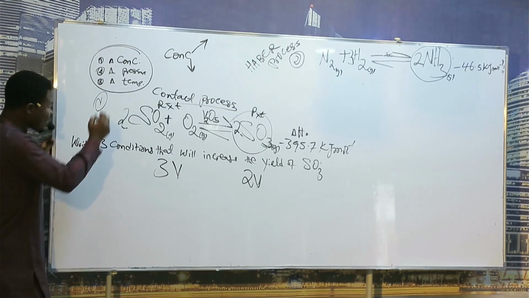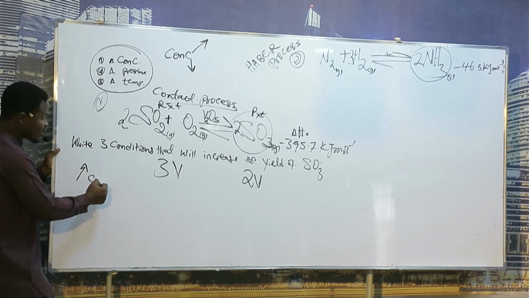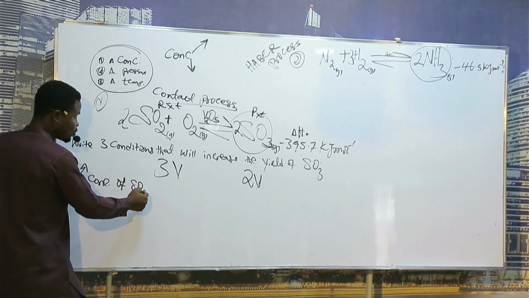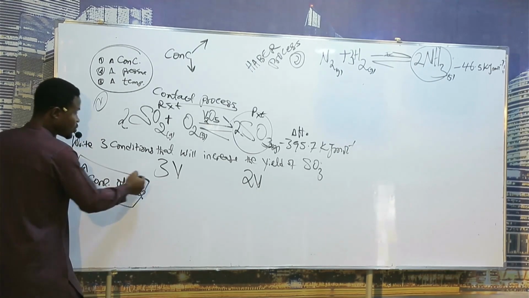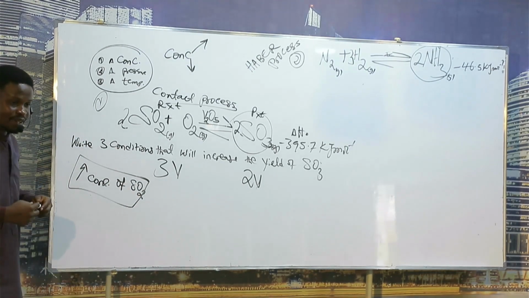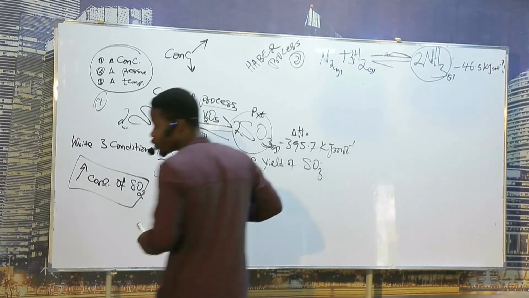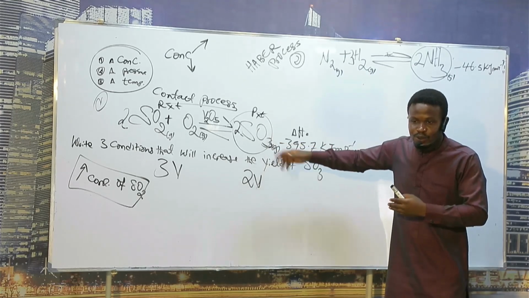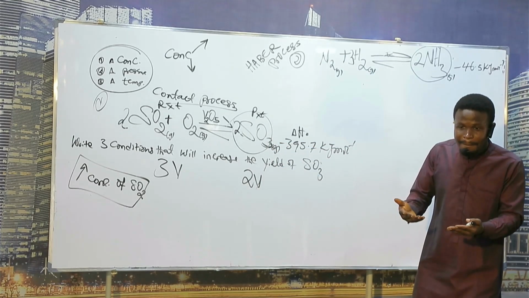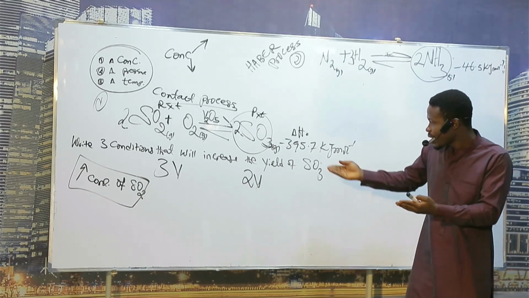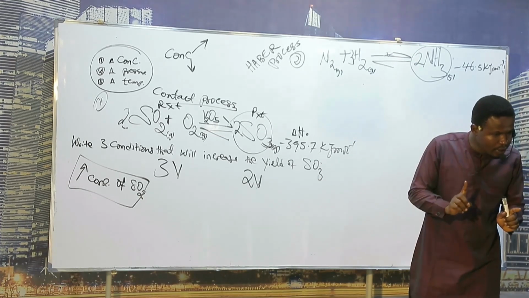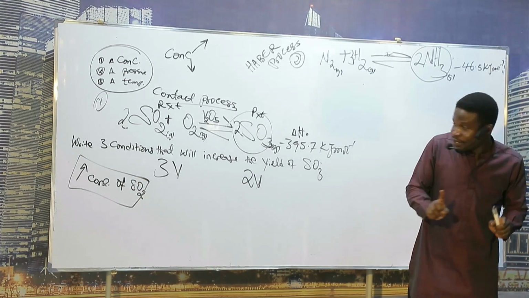Now, if I increase the concentration of SO2, what will happen to the equilibrium position? It will shift to the right-hand side to favor the production of SO3. I said 3 conditions. At least you've gotten one. What is the first condition?